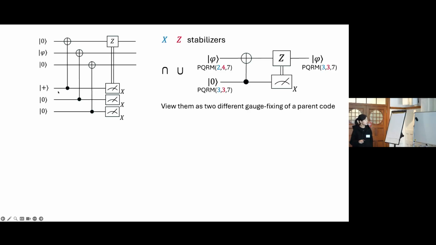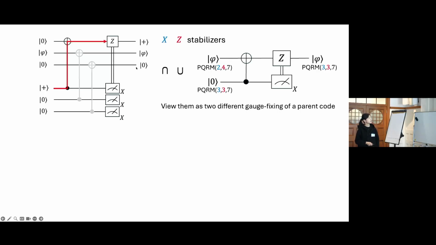And then because the parent code is the same and it is a CSS code, you can do transversal CNOT gates. So this is just the usual transversal CNOT gate. And then you can see that these two CNOTs are effectively doing nothing because they are controlled by the 0 state. And then this, on the first of the two blocks, is actually just a teleportation gadget. So you will basically teleport this plus state to the top, and you end up in the correct gauge you want.